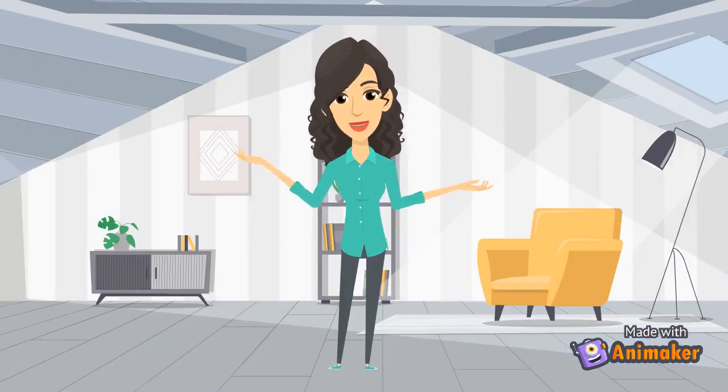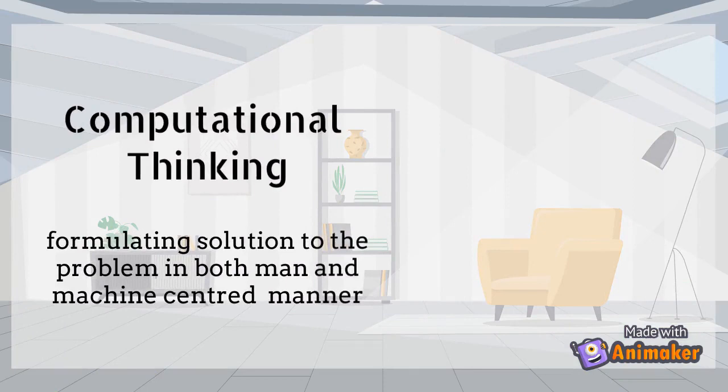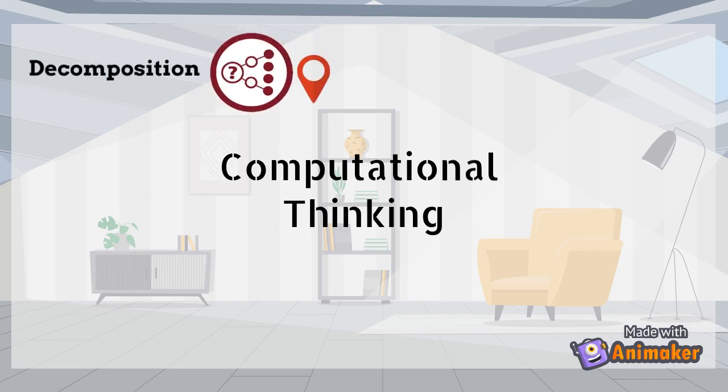Now that we know what computational thinking is, let's have a very quick recap to summarize everything. Computational thinking is all about formulating the solution to a problem in both man and machine-centered manner. This problem-solving method has 4 steps. Decomposition, that is breaking the problem into manageable chunks.